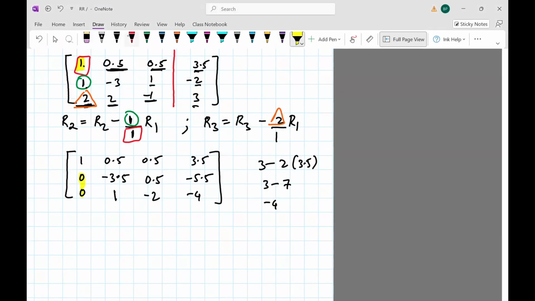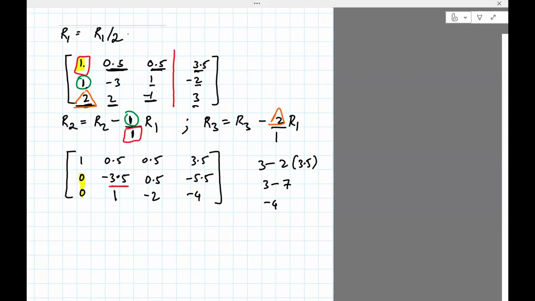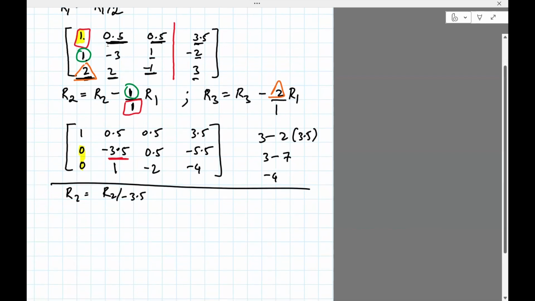Okay, now let's turn our attention to the second row. We have minus 3.5 over there. That's going to be our pivot. So the first thing we do is we reduce that pivot to 1. So we do row 2 is row 2 divided by minus 3.5. The first row is unaffected. The last row is unaffected. Okay, so now we need to do minus 3.5 divided by minus 3.5.